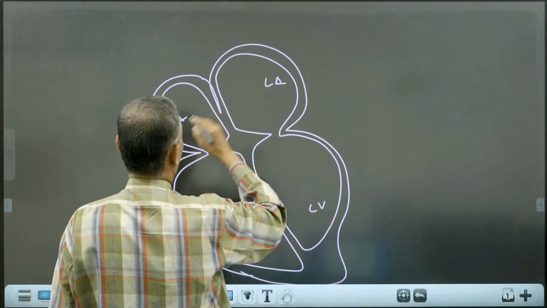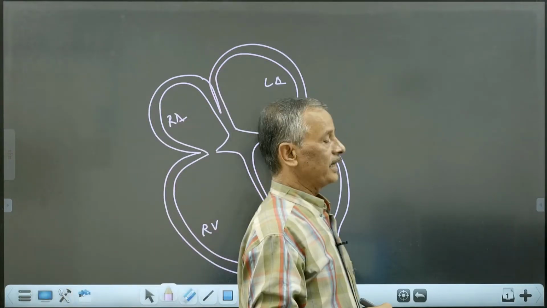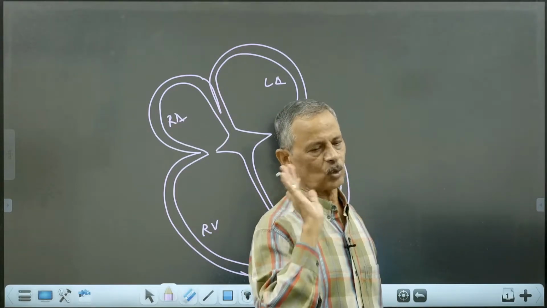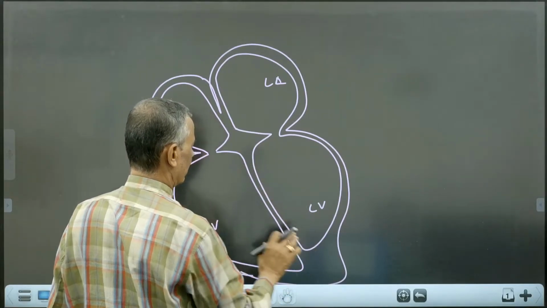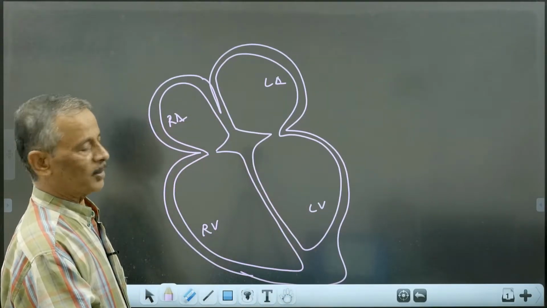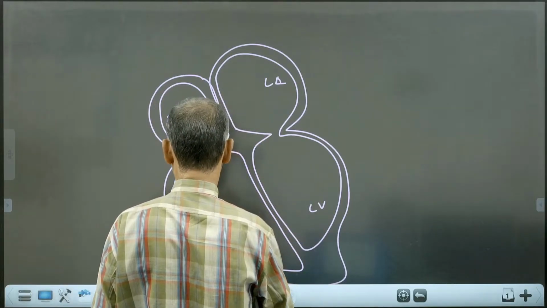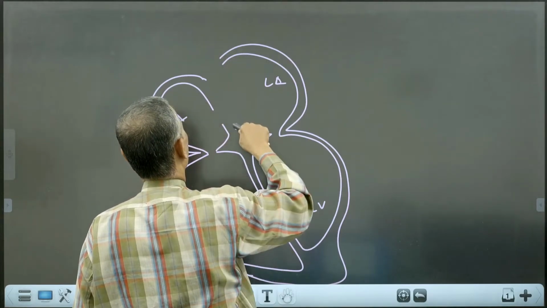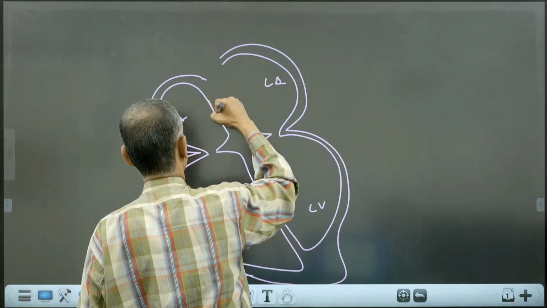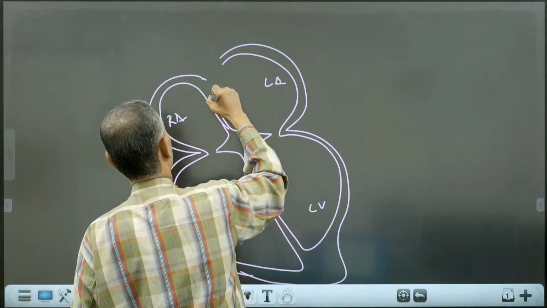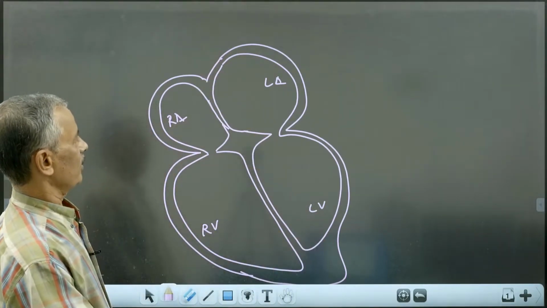Atria are divided into right and left by means of a thin interatrial septum. Septum means cross wall. Similarly, ventricles are also separated by a thin muscular partition, but actually it is thicker than that of the atrial wall.